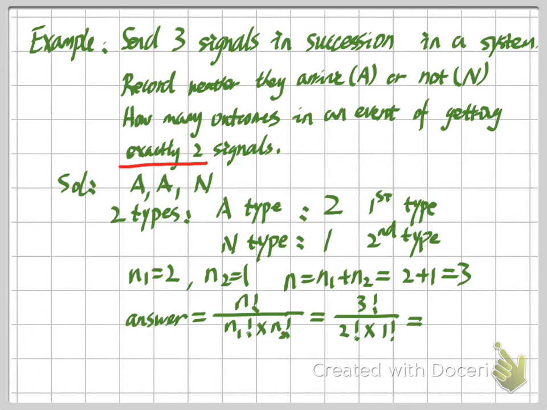If you use your calculator to compute this, the answer is 3. Okay, so this is one example of how we can use permutation of similar objects to solve this question.